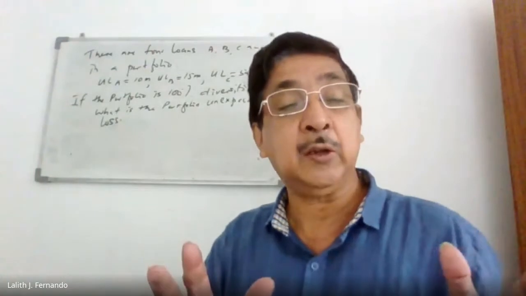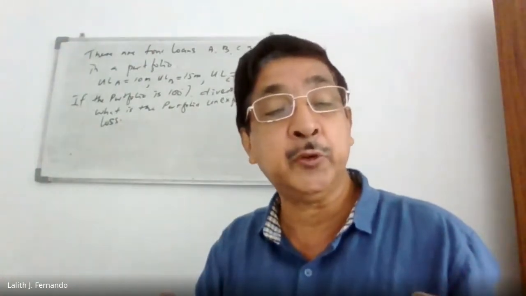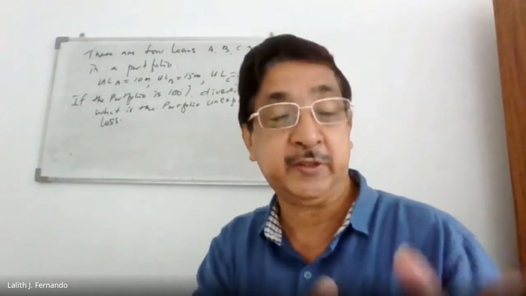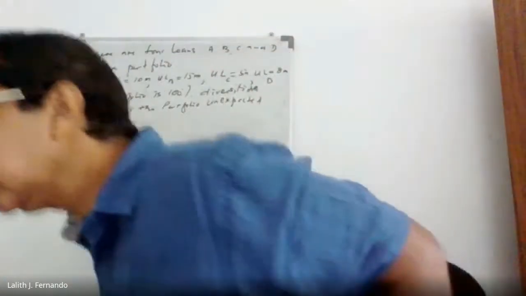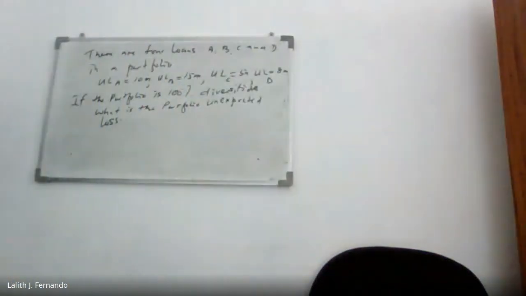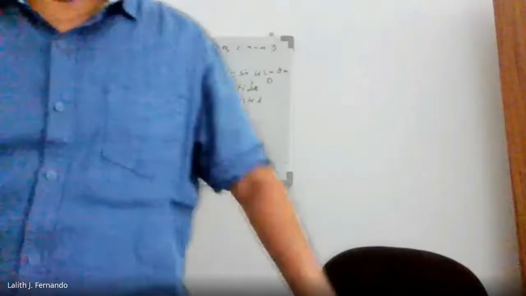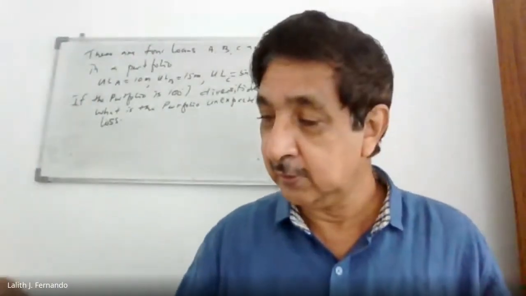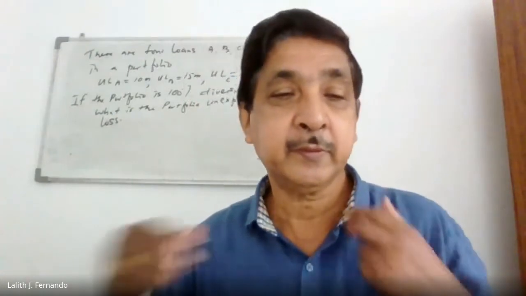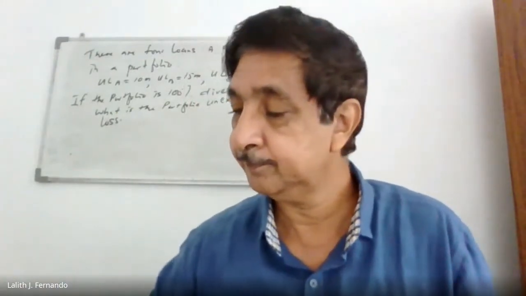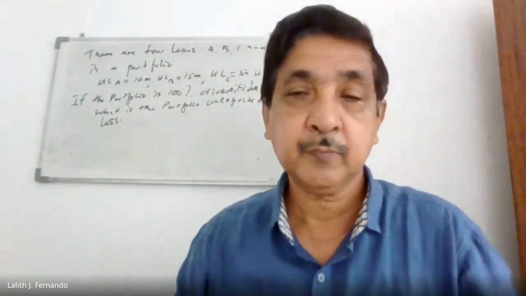Now, this is a situation where all the loans in the portfolio do not have any relation, any correlation. 20.34. Yes, you can just put the answer on the panel. In the panel, you can put it. $20.34. Yes, we'll see.